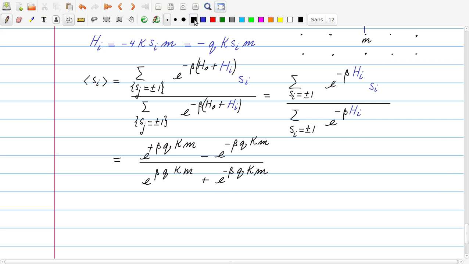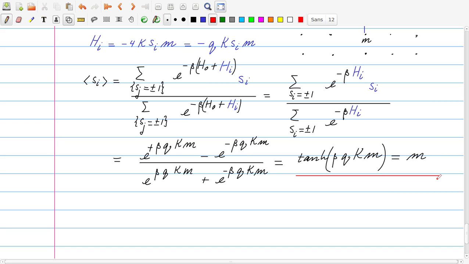And we know that we can rewrite this as the tangent hyperbolic of beta qkm, and that is the result we had already arrived at before. So the self-consistency equation has now simply been found as m is tanh of beta qkm.